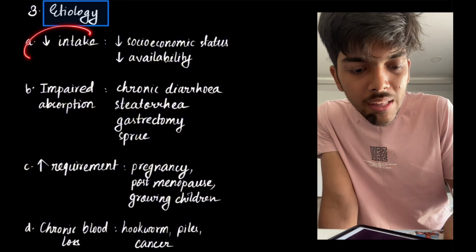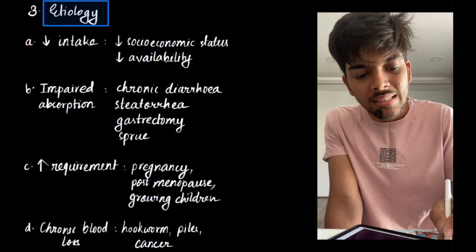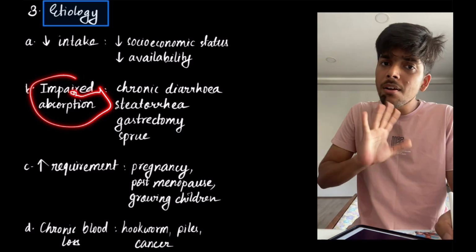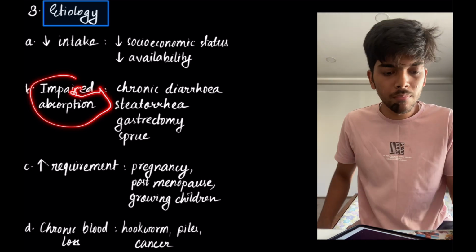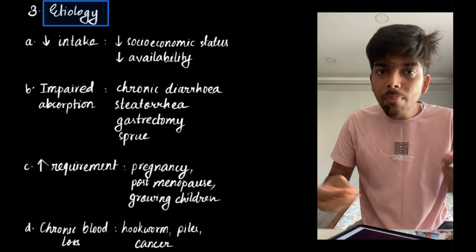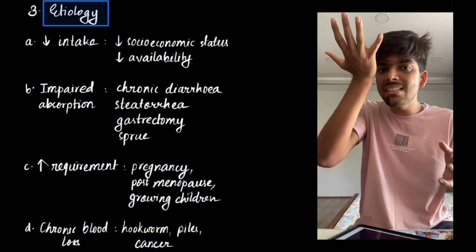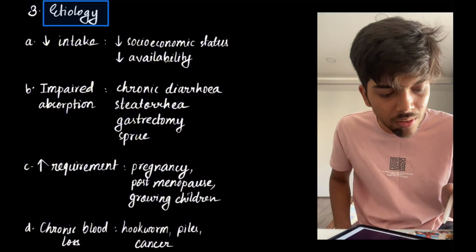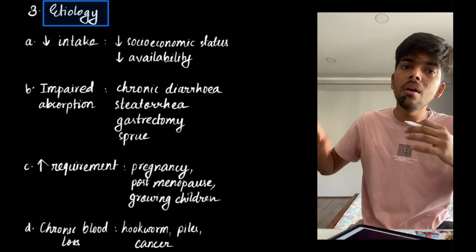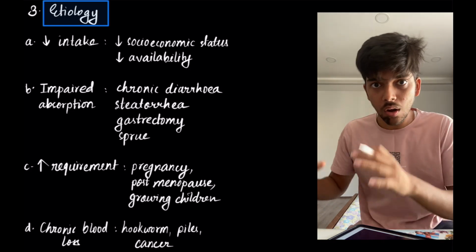So first, less intake of iron. Second, the iron is taken in sufficiently but then it is not absorbed. Third, the requirement of iron in the body increases, so you are not taking in enough iron. Fourth, you are losing blood. Along with blood, iron is also being lost.